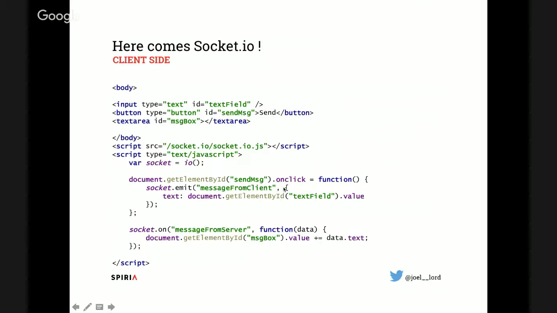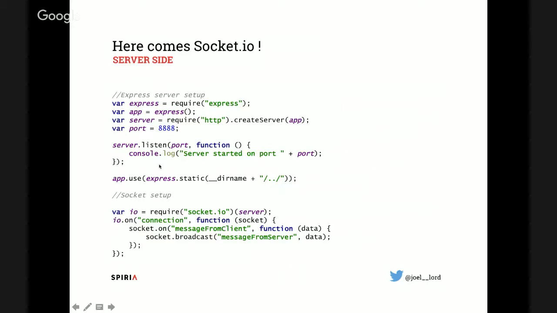And I pass it a JSON object, which has a text property. It's essentially whatever is in the text field there. And then I ask my socket to also listen for an event. I ask it to listen to the message from server event. It receives data, takes that data, and appends it to the text area. And that's all you need on the client side for a chat client. So there's a way to send the messages, and then we receive a message.